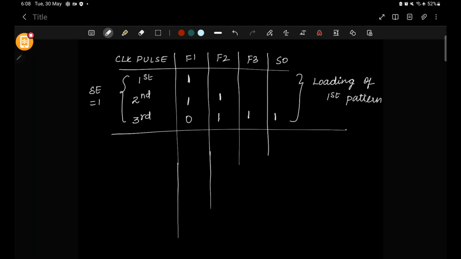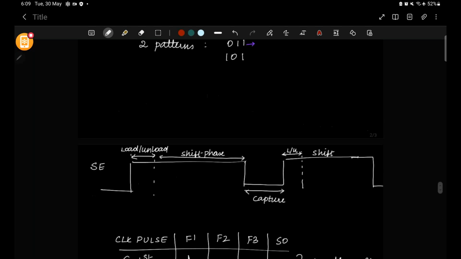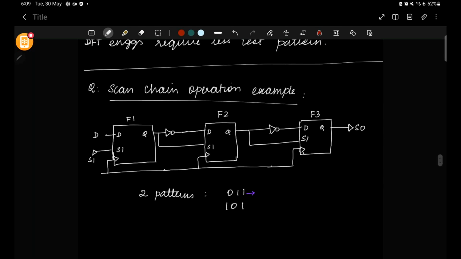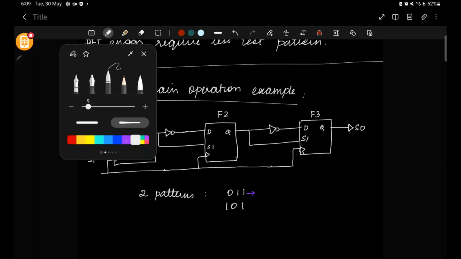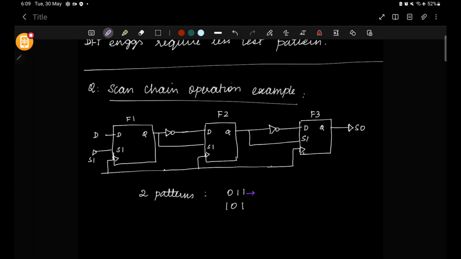Next you'll be having your capture phase, in your fourth pulse. Here scan enable will be equal to 0. In the capture phase, whatever value is there at the D input of the flops will be captured into the flop. As of now, what is stored in the flops as per the last shift? 0 1 1 is stored.